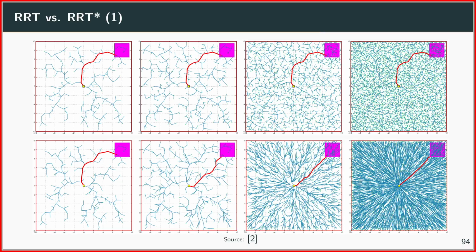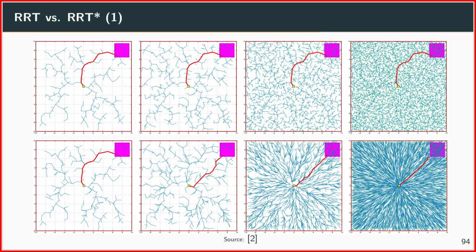I think it should be correct, so you should actually converge to the optimal solution. Because at some point there will be a sampling sequence where you have all the points in the right order on the optimal path. It will be very lucky to get there, but if you run it infinitely many times, then of course you should get there, yeah.